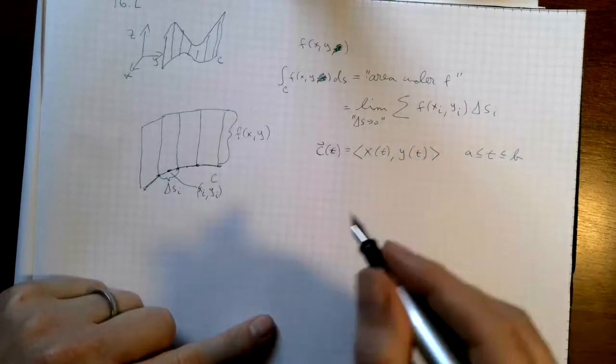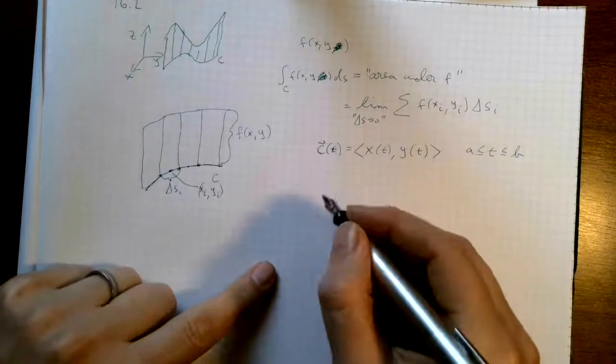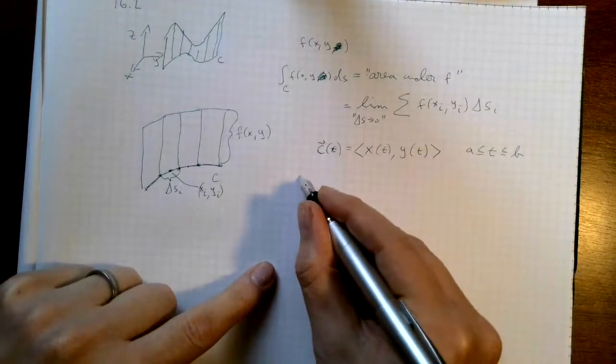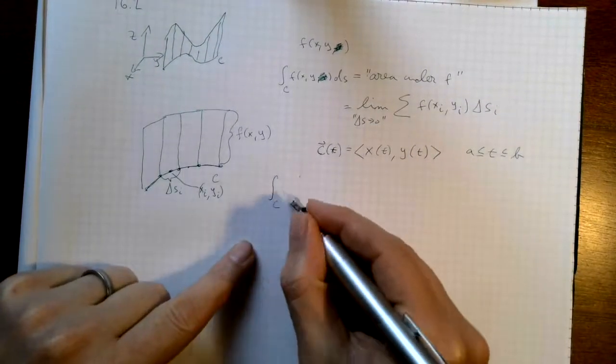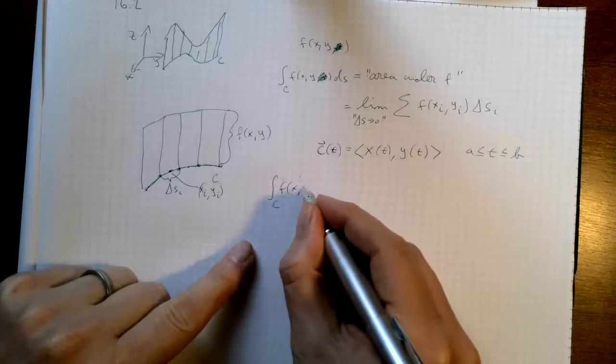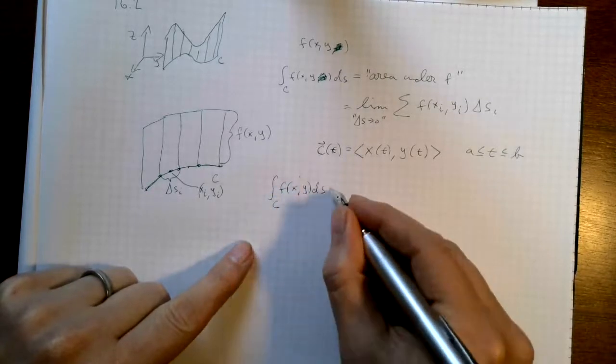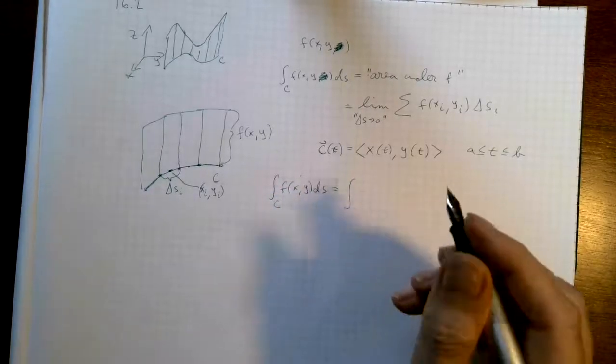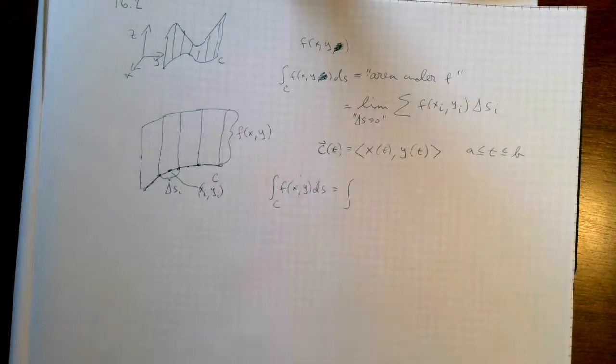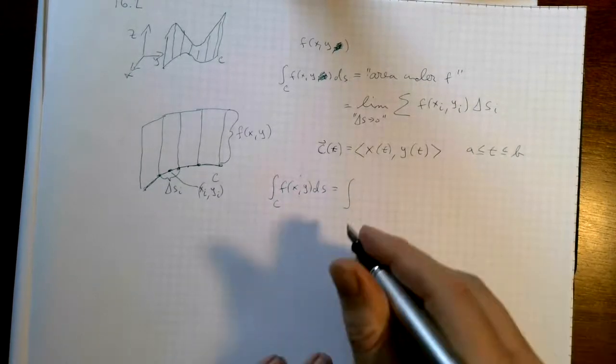Well, we want to figure out, write it down, the integral of f(x, y) ds. We want to figure out how to write it as an integral that we can actually compute, a calculus 1 type of integral.